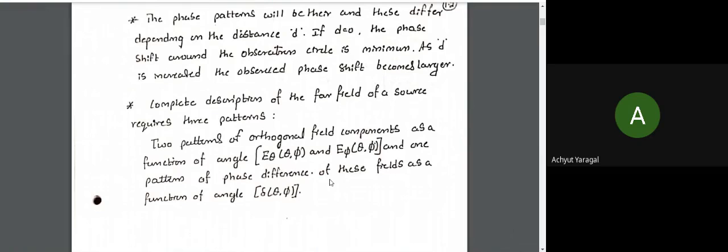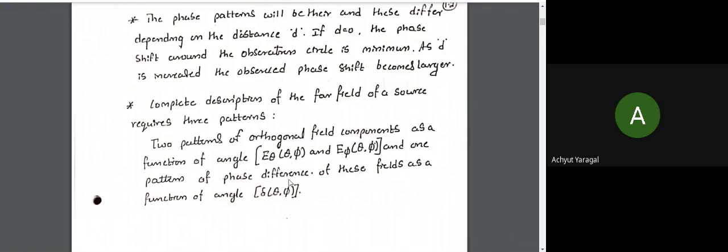The third pattern is the phase pattern, represented by delta. So two field patterns and one phase pattern are required to describe a point source in the far field.